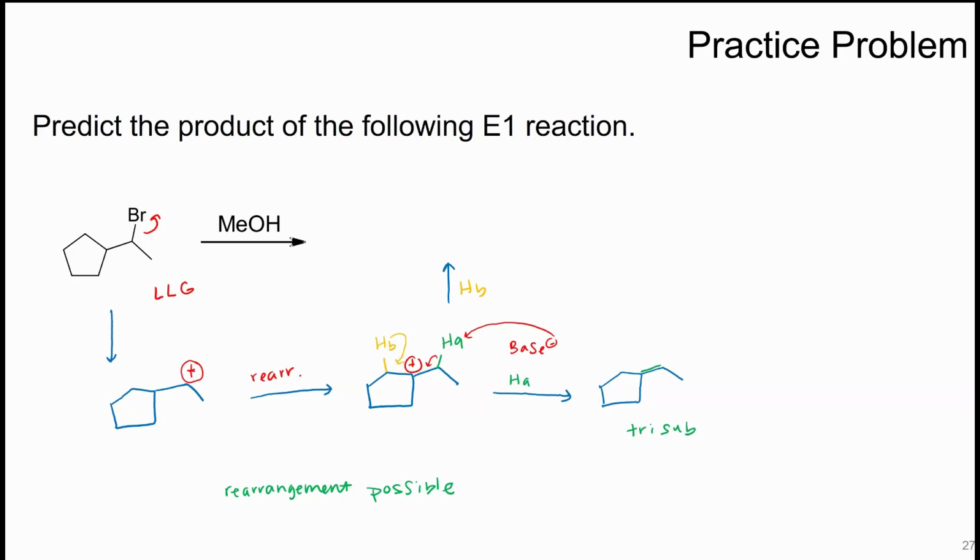If I pull it from there, the HB, this is also tri-substituted. You may get a mixture of products here. This one might be preferred just because the double bond is in the ring, which is more stable than the other one. This would be major.